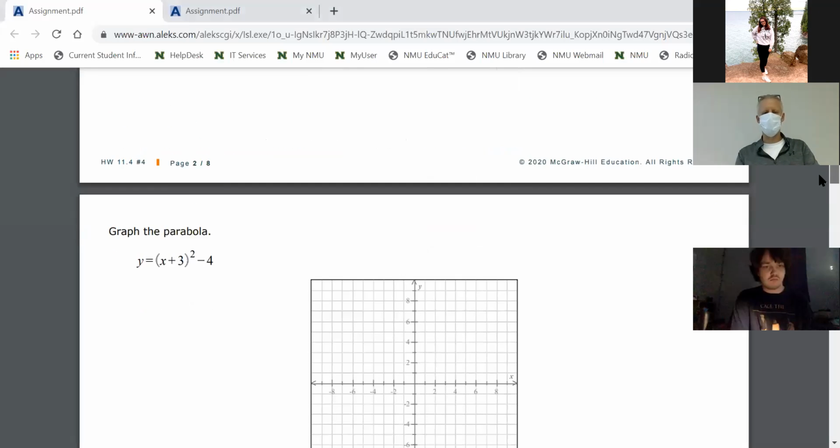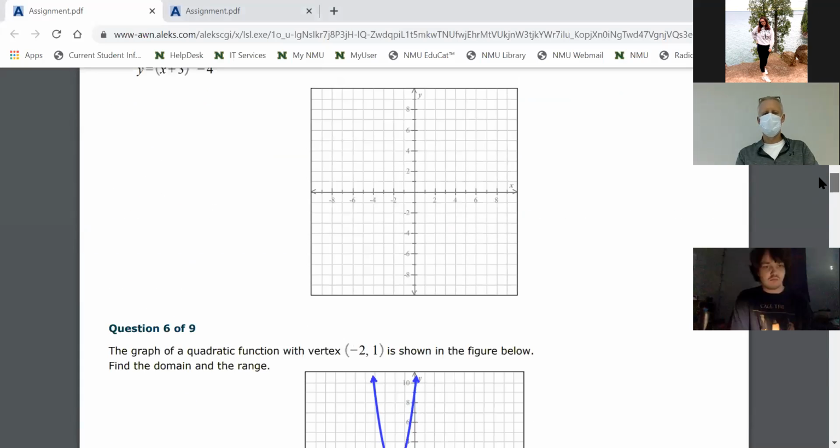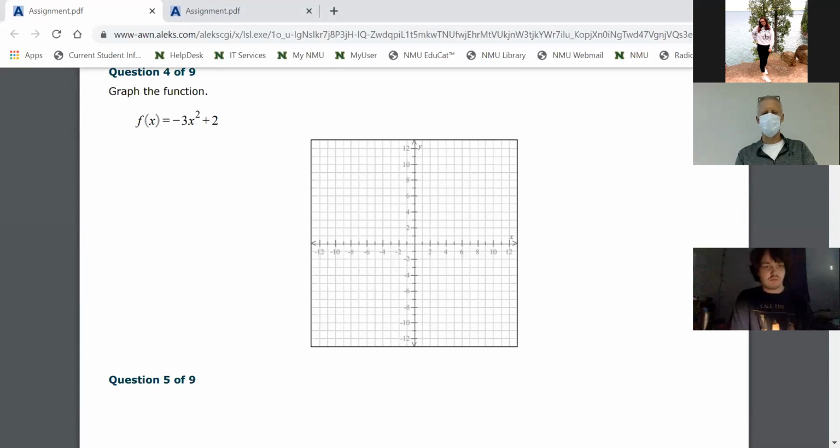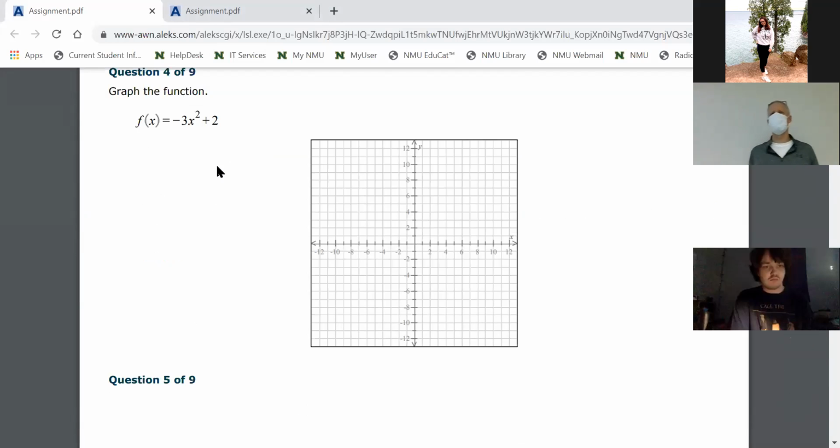Okay, so again, the remaining parts of the lesson are just a bunch of graphs. You're just graphing a whole bunch of things. So if you look at, let's say this one right here, we're not going to take the time to do this right now, but -3x² plus 2. So what does the -3 in front of the x² do for us? Does it make it narrow or wide?